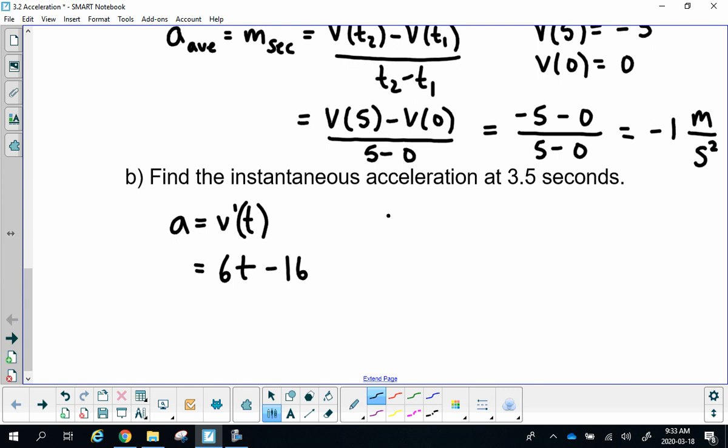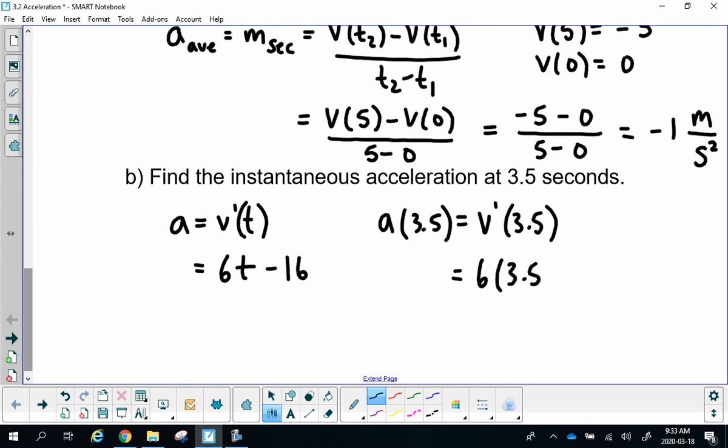So acceleration at 3.5 seconds is equal to the derivative at 3.5, which is equal to 6 times 3.5 minus 16. And then that gives us a grand total of 5 centimeters per second squared.